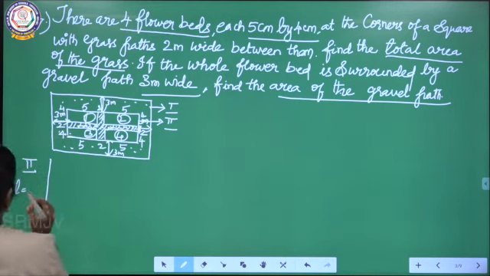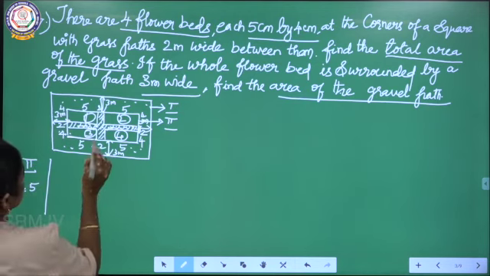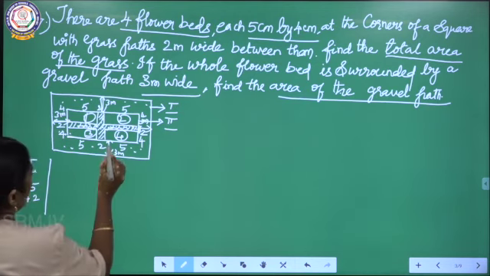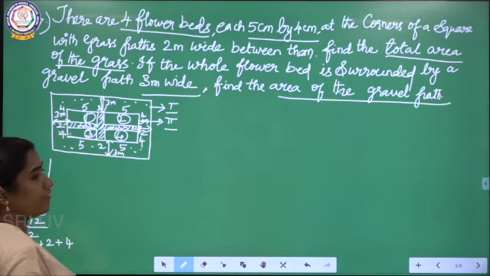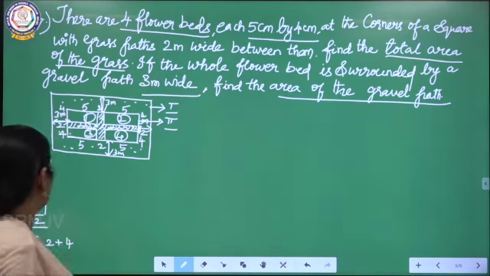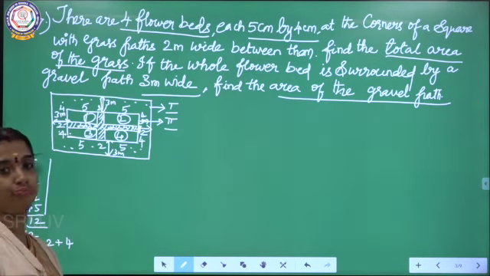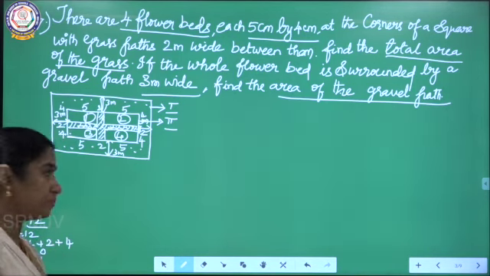This is 5, this is 2, and this is 5. So the total length is 12. L is equal to 12. And what about the breadth? Breadth is equal to 4 plus 2 plus 4, which is 10. So I can find the length and breadth for the figure 2. That is the inner rectangle.